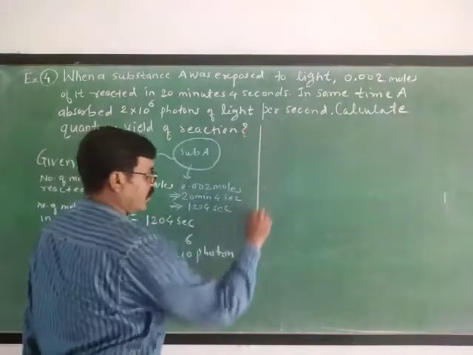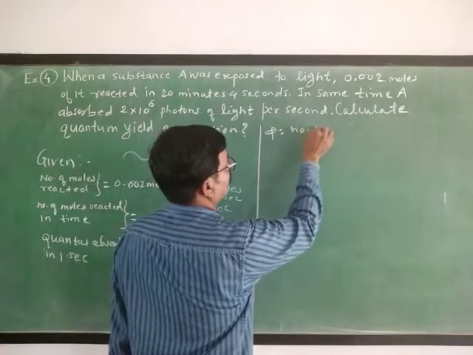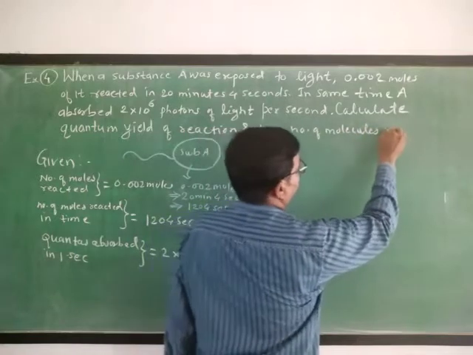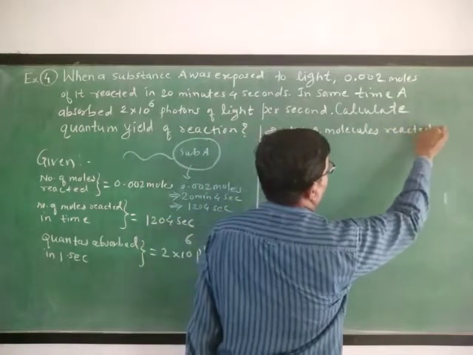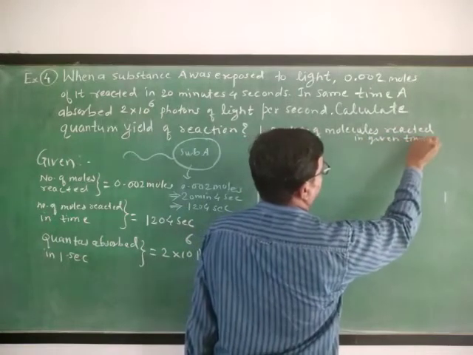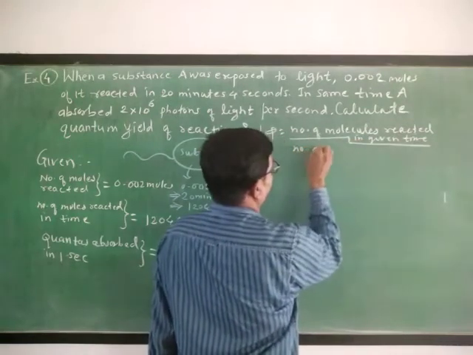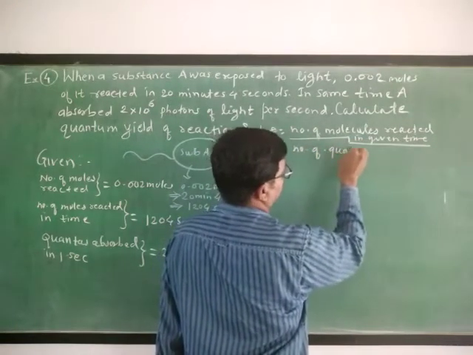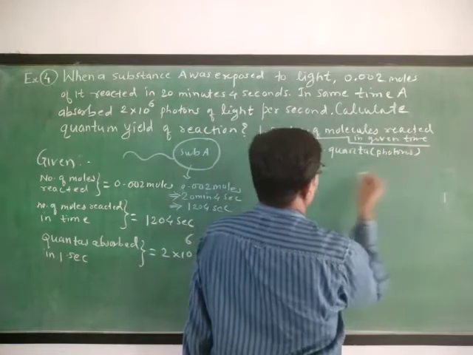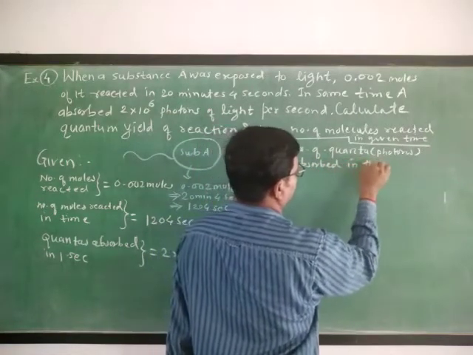Now you know the formula. Phi equals number of molecules reacted in given time upon number of quantas, or we can say photons, absorbed in the same time.